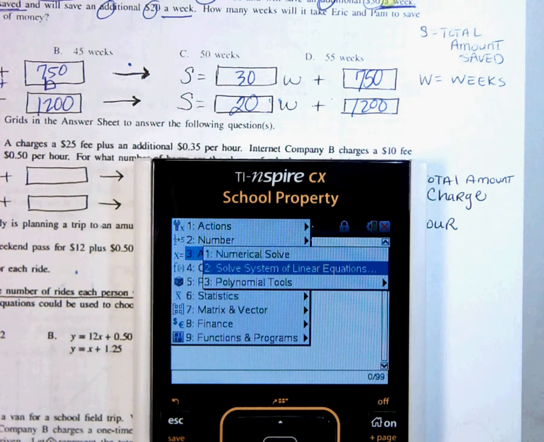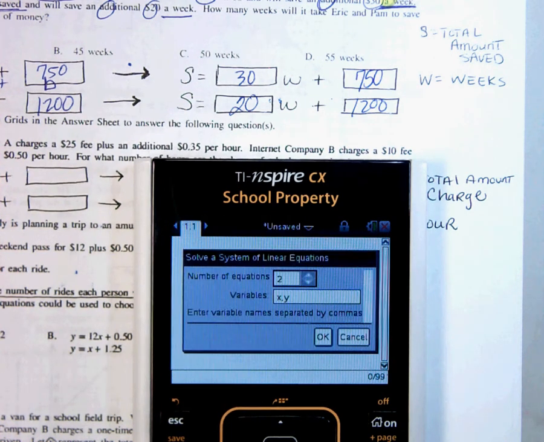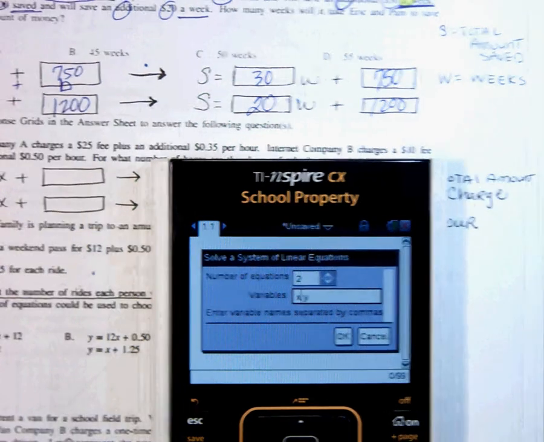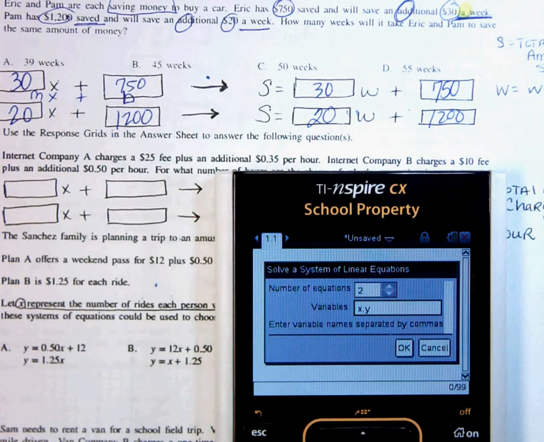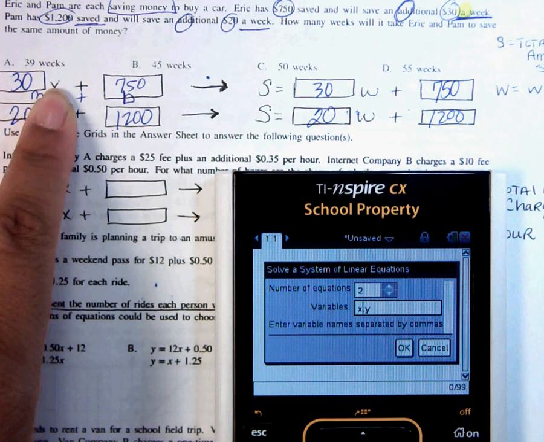Of course, systems. Now, we have two equations, but we're not using x and y anymore. So, we need to change those. Instead of x, I'm going to put w because x was replaced by w.